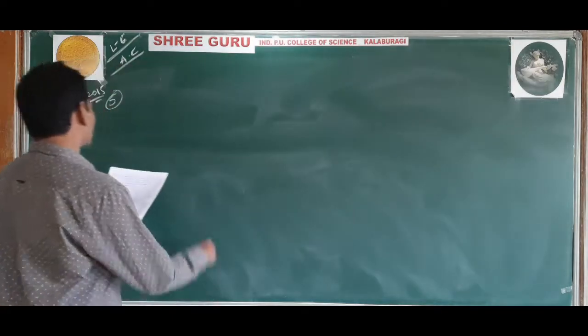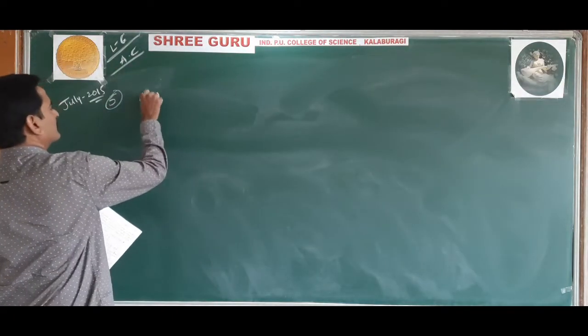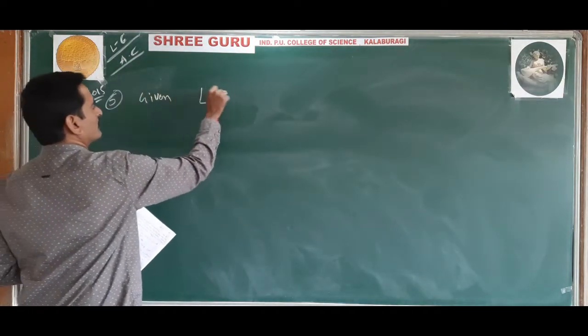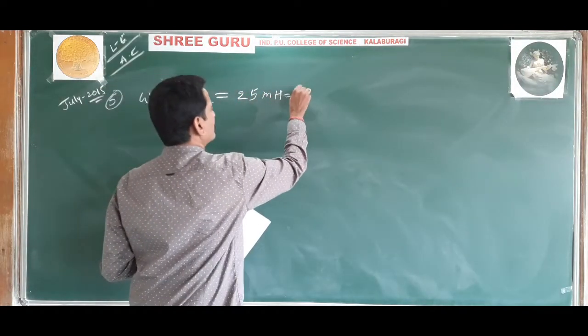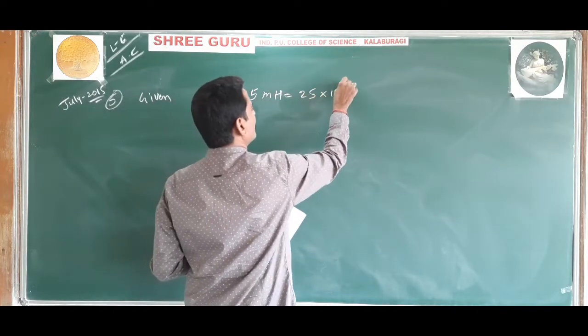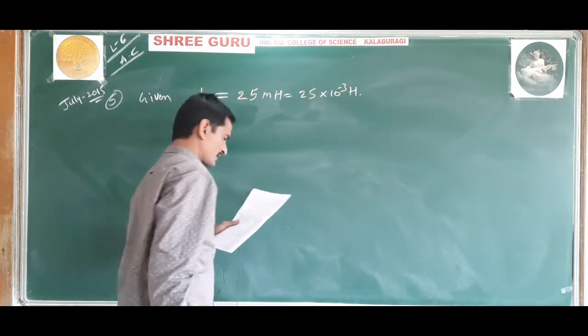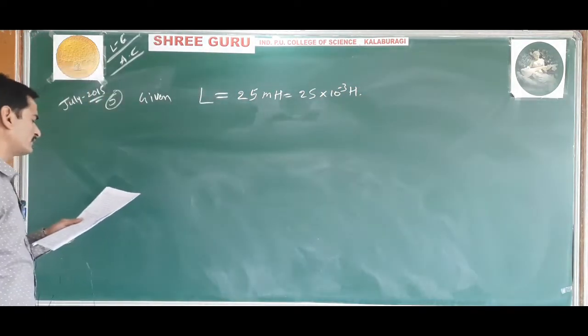A pure inductor of inductance L is given as 25 millihenry, so 25 into 10 to the power minus 3 henry. It is connected to a source of 220 volt.